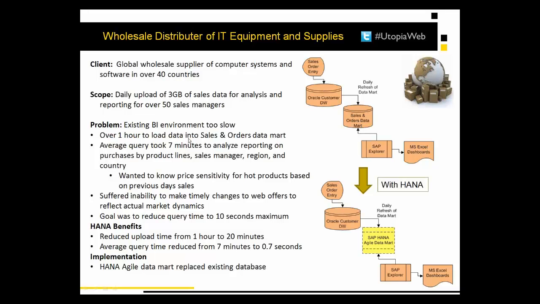Well, the problem that they were facing is that their existing BI environment was way too slow. First problem is that they had an over an hour load of data into the sales and order data mart. What that meant was that there was an hour blackout period during the day where the sales managers, those 50 sales managers, could not run any reports.